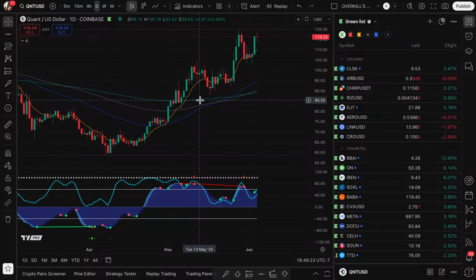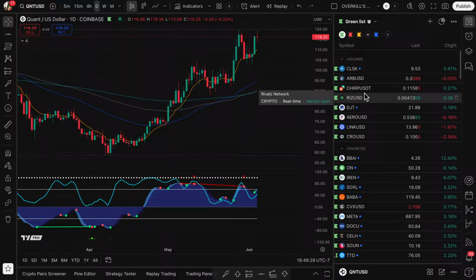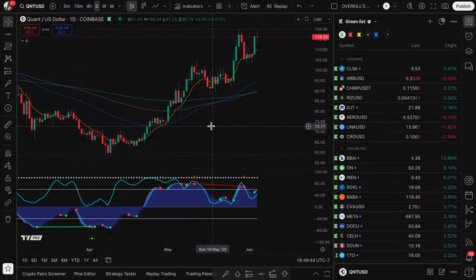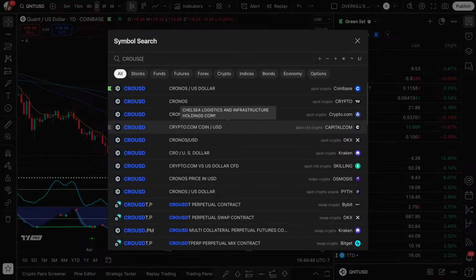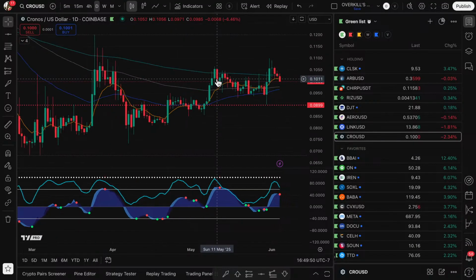I own both of them, so obviously I'm a little biased, but if you do your due diligence, you'll see they're not just some meme coin, some dog with a hat. They're actual technology. They're actually building things. Very low market cap, so you don't have to go crazy to make a lot of money in those.